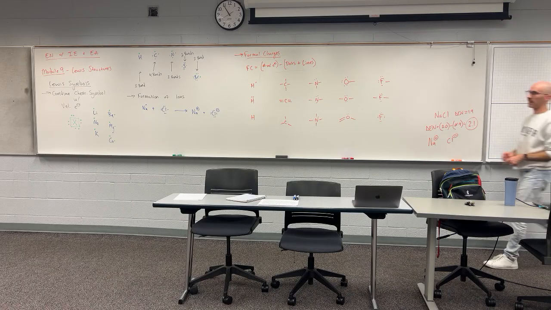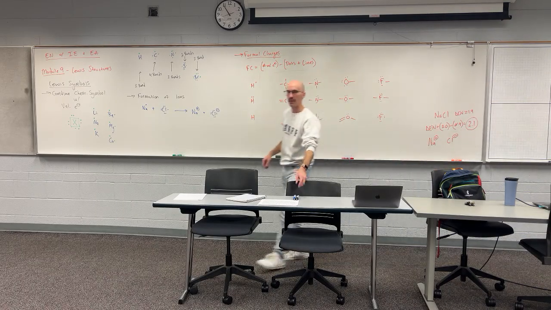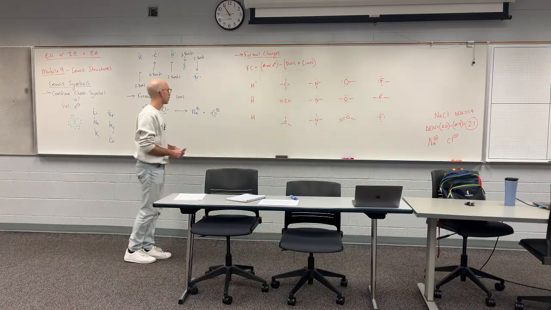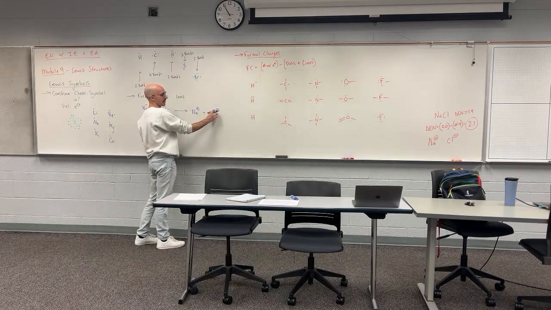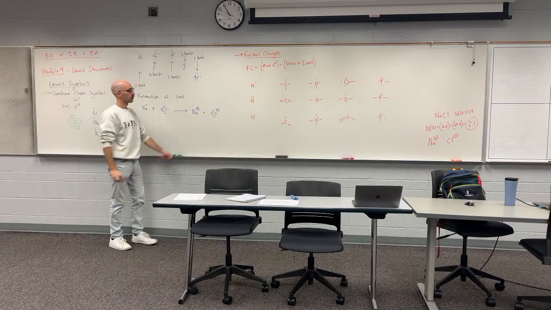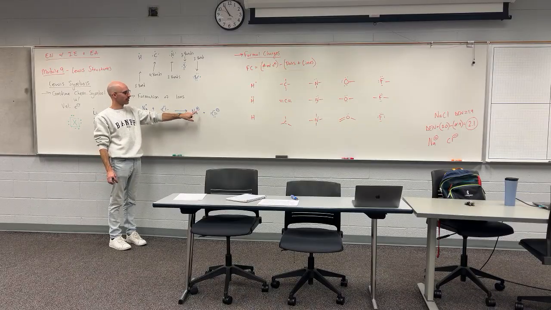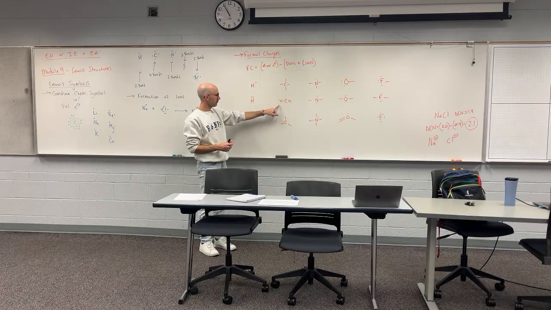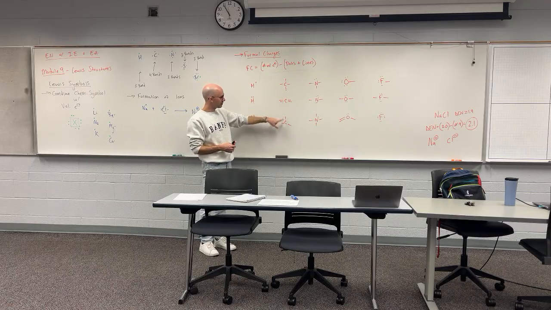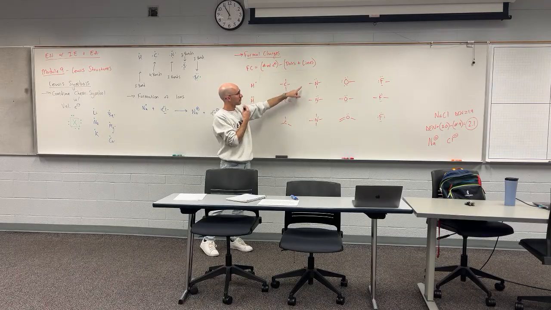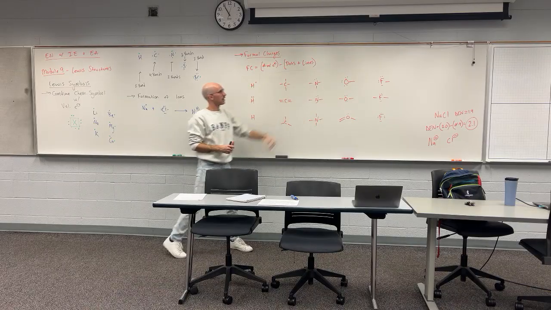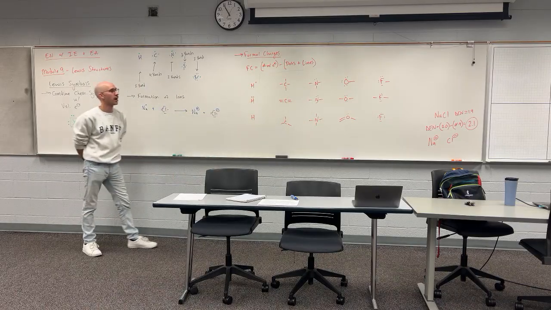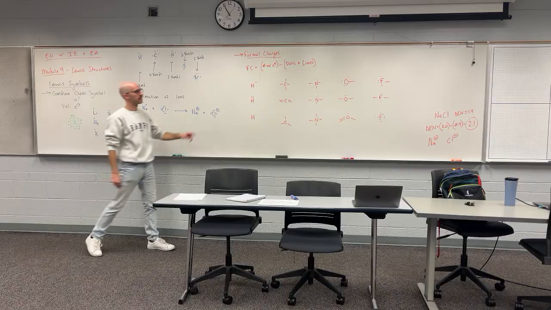Once you've decided that an atom has a negative charge, draw it next to the atom as this negative. Once you've decided an atom has a positive charge, draw it next to it as this positive. Remember that you're looking at pairs and non-bonding electrons as these dots.